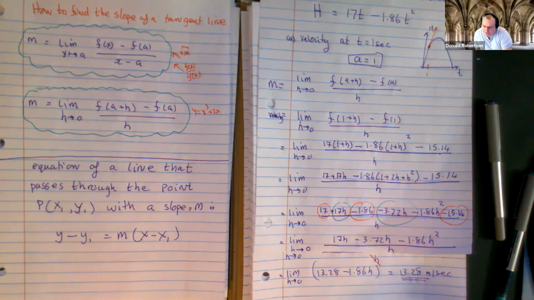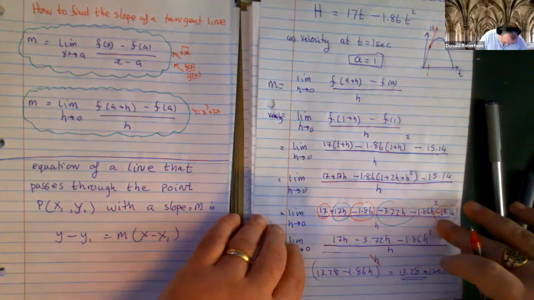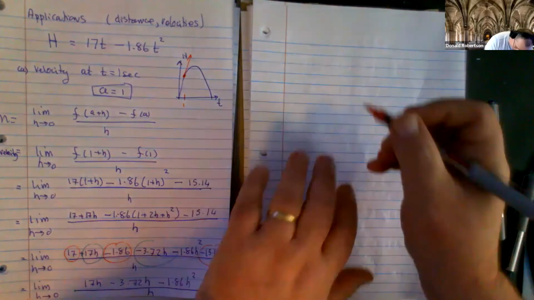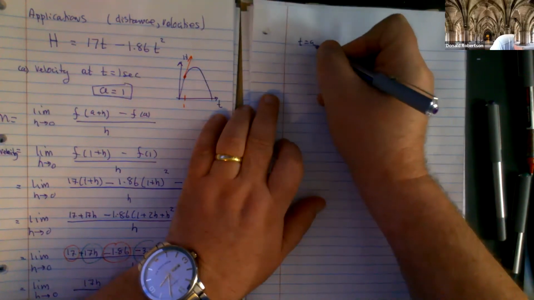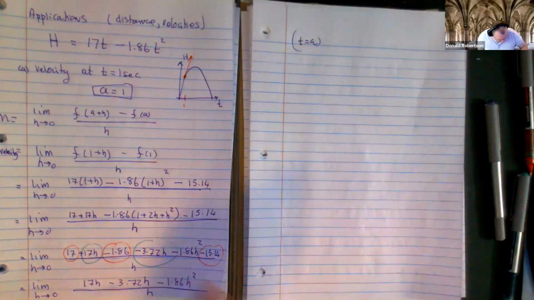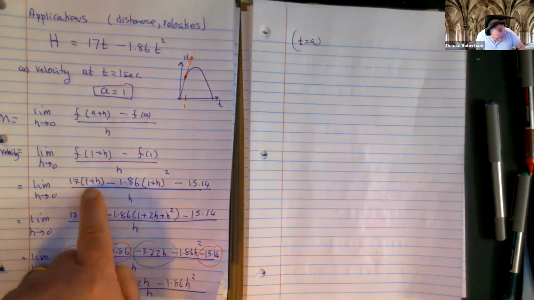So far, so good. Now, they ask you to find the velocity at t equals a, which I'm not going to do, but won't it look very like this, but these ones will be a's.